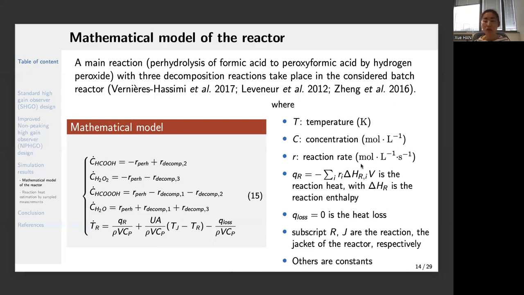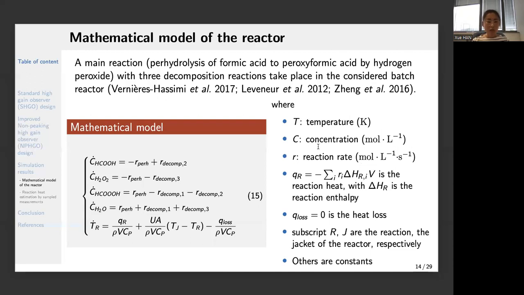And Q loss is the heat loss in the reactor, and in our case, we consider it equal to 0. The subscripts R and G are the reactor and the jacket of the reactor, and the temperature of the jacket Tg is a constant in our case.